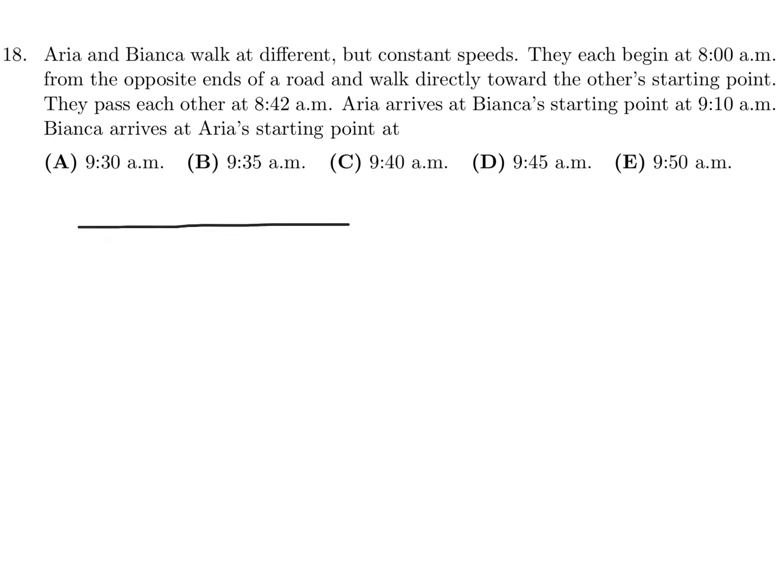Okay, so let's make a little diagram. Aria starting here, Bianca starting here, and I guess they're walking towards each other, and eventually they meet right here at 8:42 a.m. Now there's a lot of variables here that I don't know.